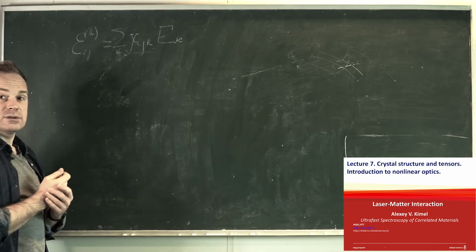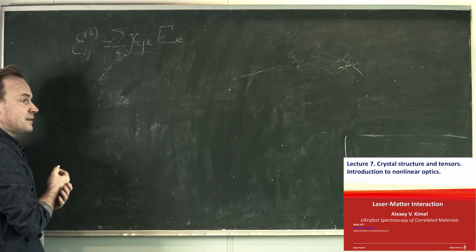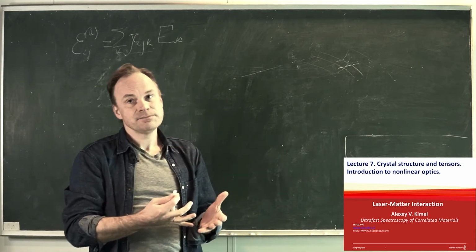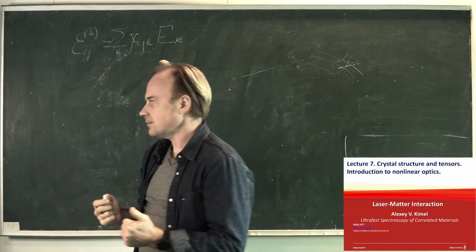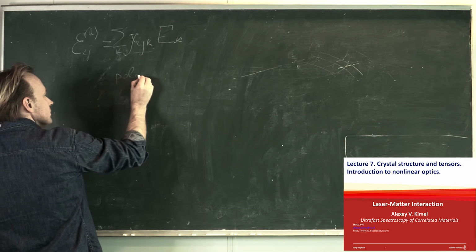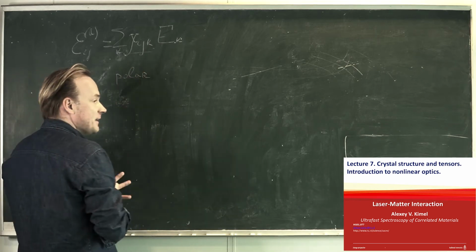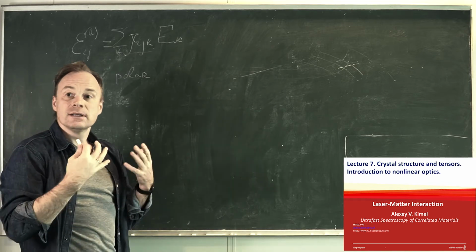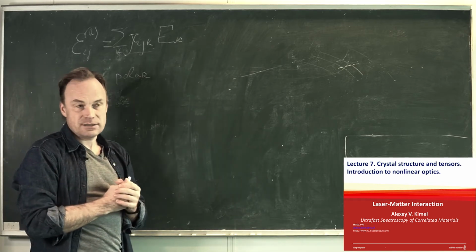Again, as we showed at the previous lecture, all tensors can be divided into two groups: polar tensors and axial tensors. Polar tensors behave differently compared to axial tensors upon transformation of coordinate system.